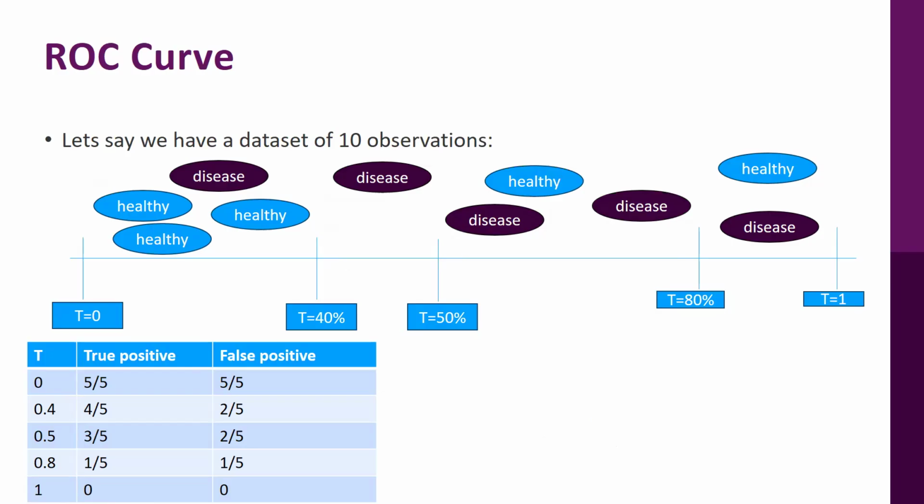And that would mean that your true positive rate, or your correct predictions, is 0 because you couldn't identify any ill patients.